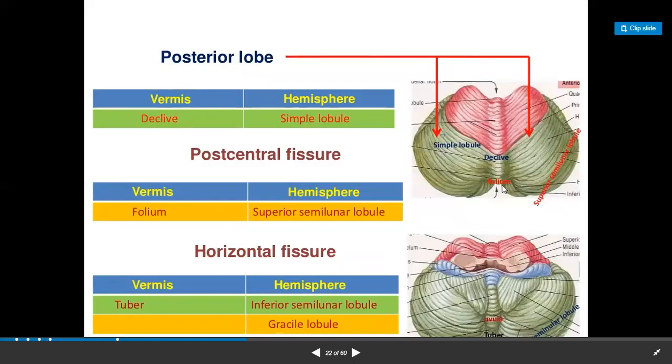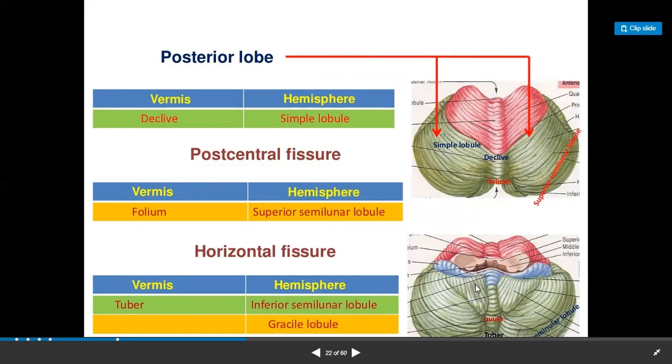So behind the post-central fissure, the subdivision of the vermis is folium. So folium is in continuation with the superior semilunar lobule.